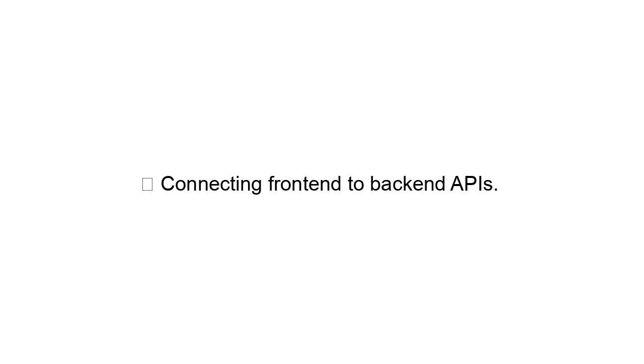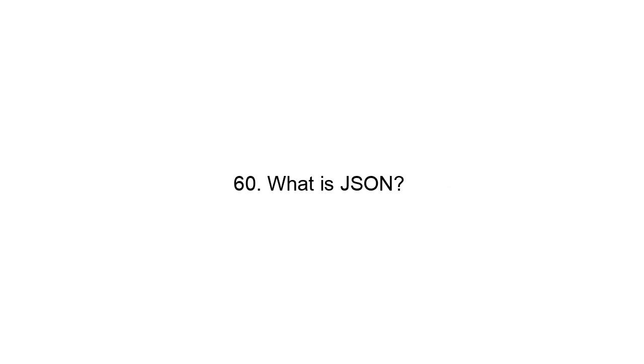Dynamic URL value. 57. What is resolve in routing? Loads data before route activation. 58. What is single-page navigation? Navigation without full-page reload. 59. What are REST APIs? Connecting frontend to backend APIs. 60. What is JSON? Standard data exchange format.